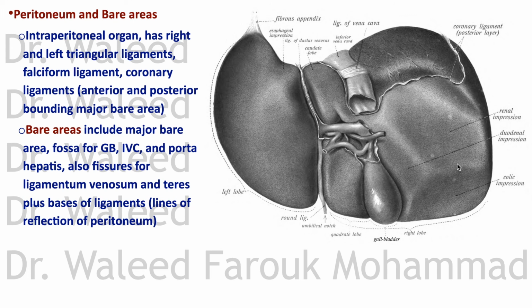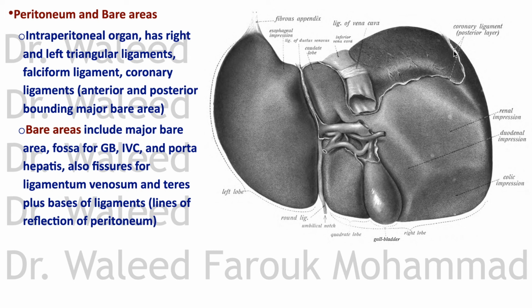It is an intraperitoneal organ, but not completely engulfed. And the proof here is that it has a superior bare area, the major bare area, as you can see here.